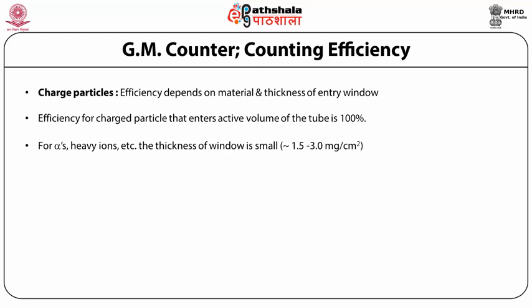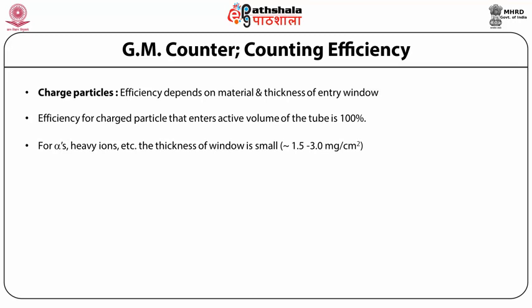The efficiency for charged particles that enter the active volume of the tube is 100%. It means when a charged particle enters the tube, at the entrance we have a thin window. The first condition is that the charged particle has to pass through that window, meaning it should have sufficient energy and lose only a little energy in passing through the window and entering the detector.